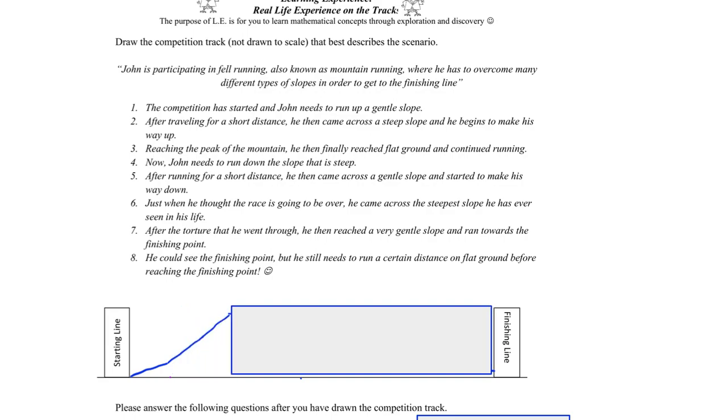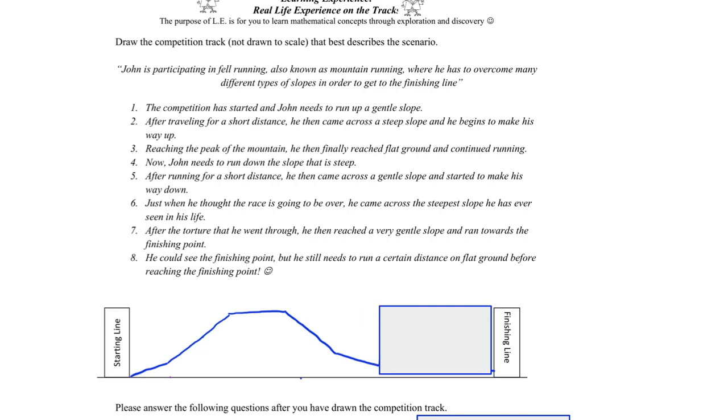He ran up, and upon reaching the peak of the mountain, he finally reached flat ground, and after which he needs to run down the slope that is also steep. And after a while, he came across a gentle slope.